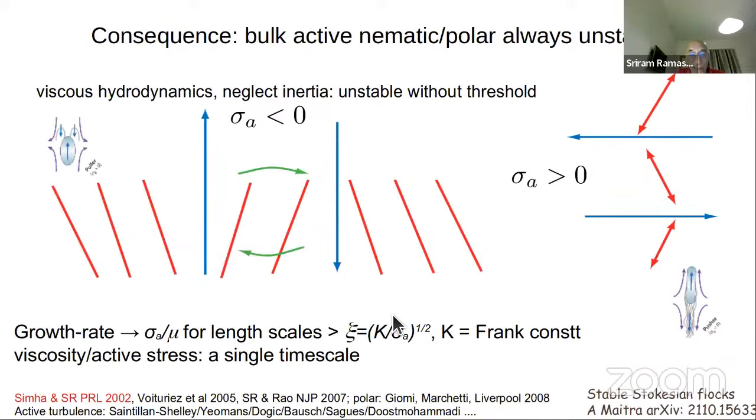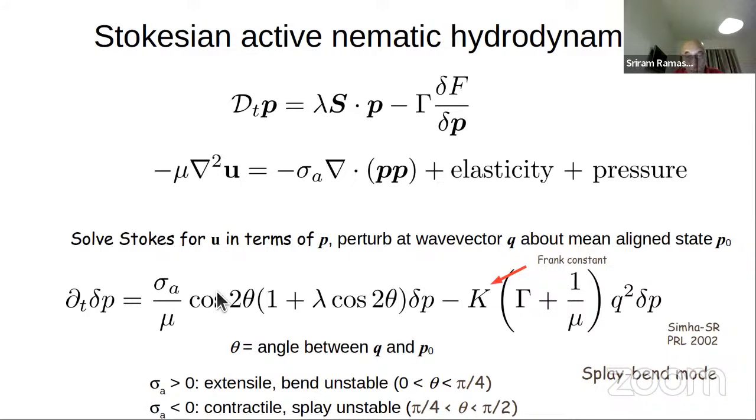I'm trying to be very explicit and very detailed. You have a destabilizing mechanism which is at order wave number to the 0. You have a stabilizing mechanism which is at order wave number squared. Therefore, at small enough wave numbers, while still retaining the Stokesian approximation, this term always wins.